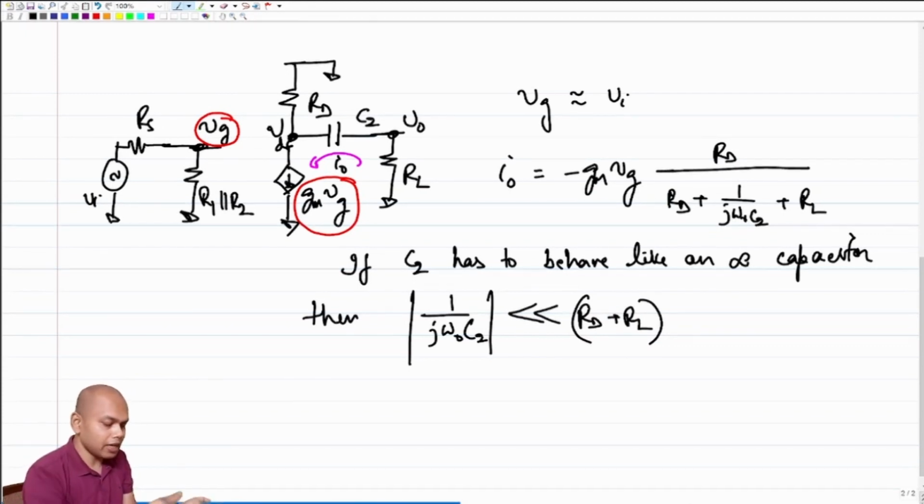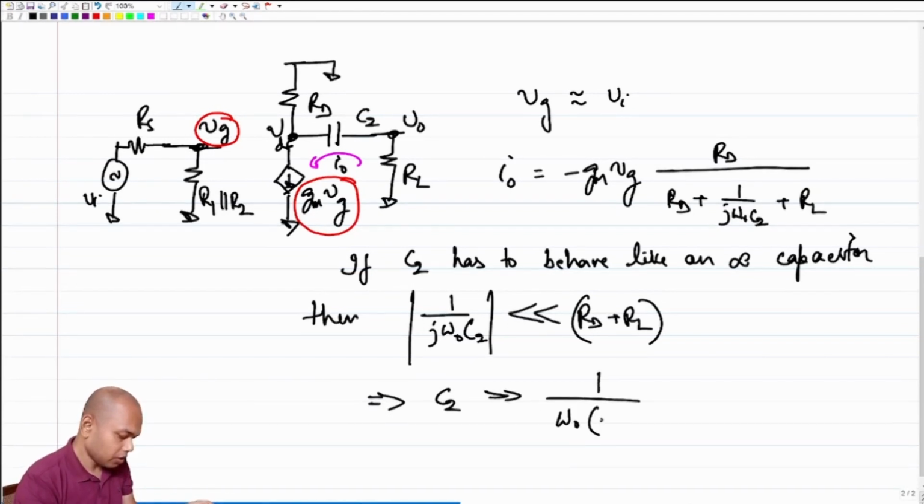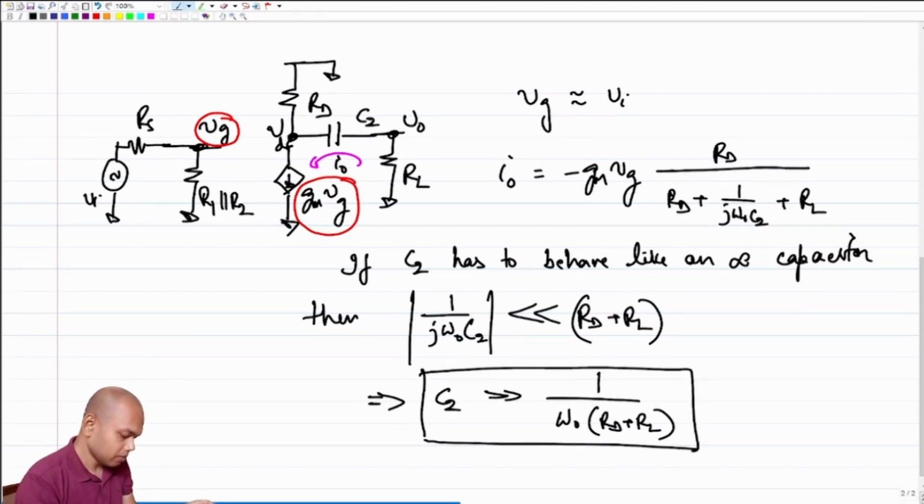If C2 were infinite, the denominator would simply have been RD plus RL. So the constraint on C2 becomes C2 should be much greater than 1 over omega naught times RD plus RL, right? This is pretty straightforward. You basically follow KCL, do the algebraic manipulation, and arrive at that, right?